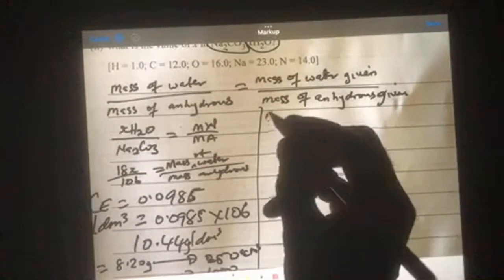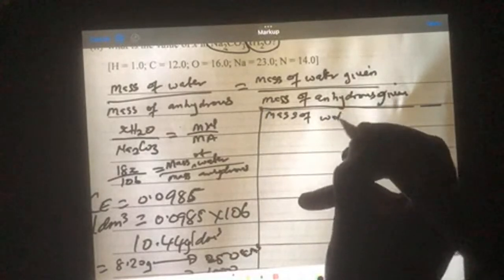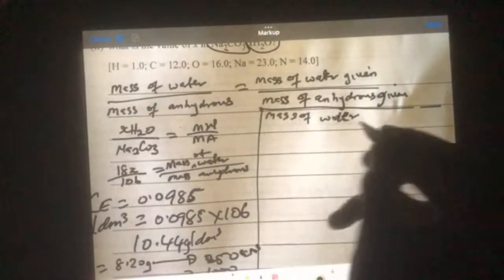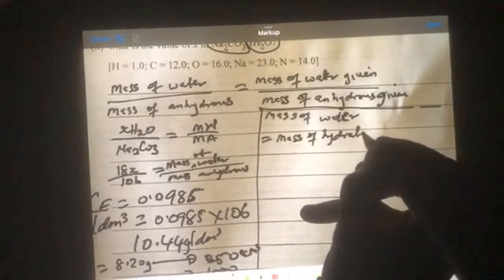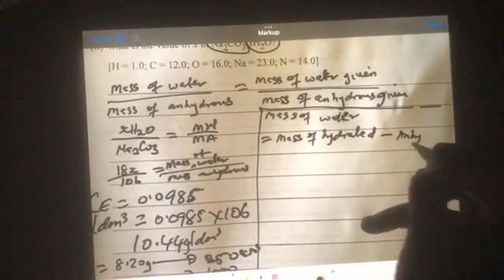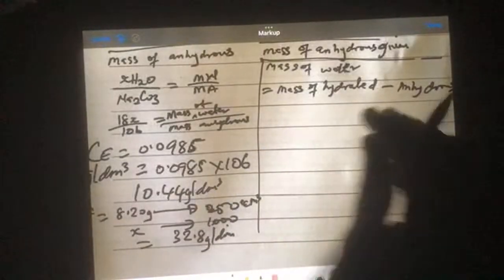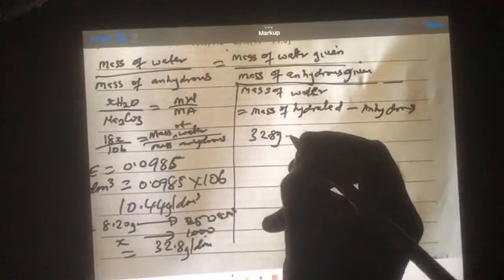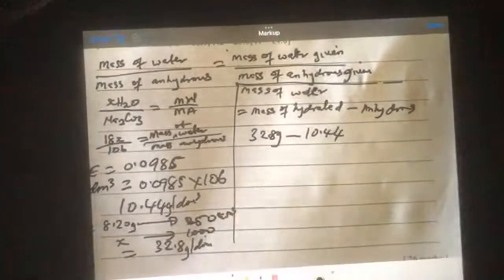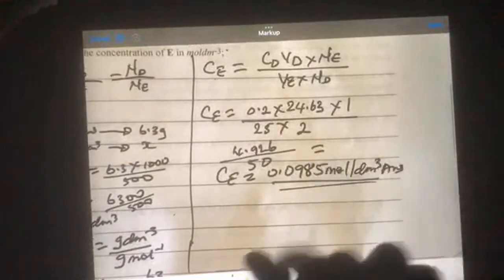Therefore, we are going to get our mass of water as what? Mass of water is equal to mass of hydrated minus anhydrous. What is our anhydrous? 10.44. What's hydrated? 32.8. So 32.8 grams minus 10.44 automatically gives us, I hope my calculations here are correct.